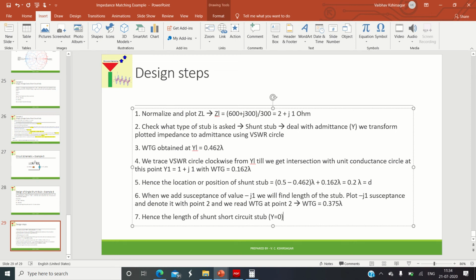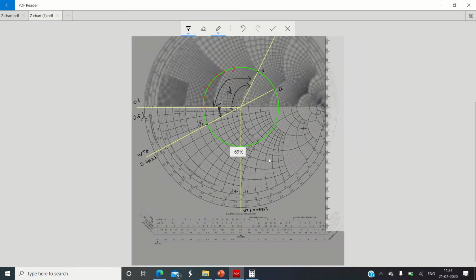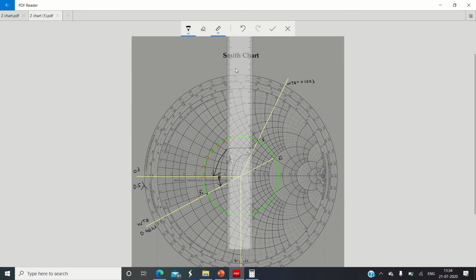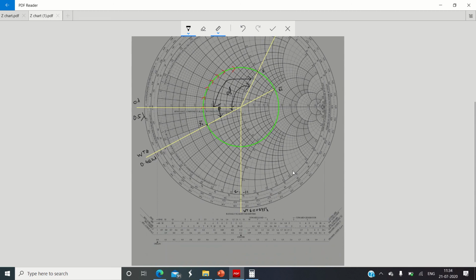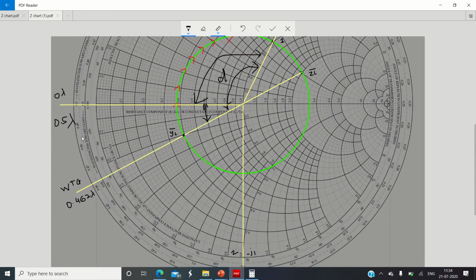Okay, so first of all, you locate Y is equal to 0 point on the Smith chart. Okay, this is your Smith chart. Okay, so where is Y is equal to 0? So here we know that, so here I will remove the scale. So Y is equal to 0. Where is Y is equal to 0 point? So it is located on the real axis of our Smith chart. So here we know that here the impedance is 0.